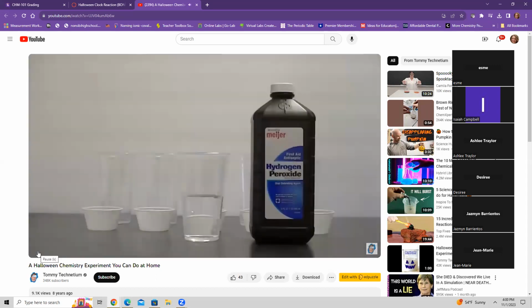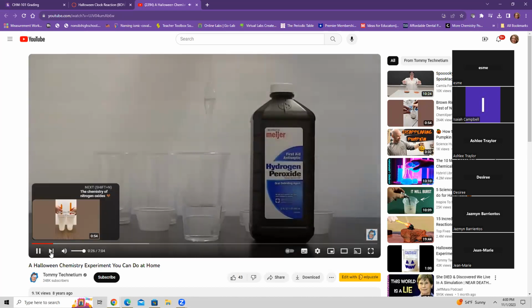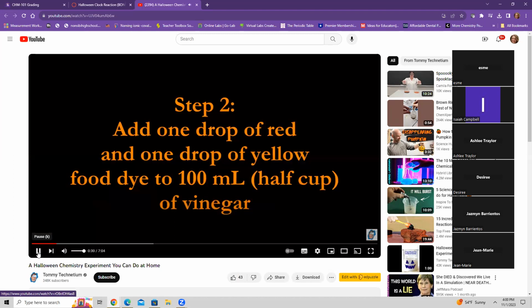Okay, so that's step one. All right, so I'm just reading to you. I'm stopping at every step so that you can read the directions. Okay, there's step two. See, 1 drop of red and 1 drop of yellow food coloring to each cup.